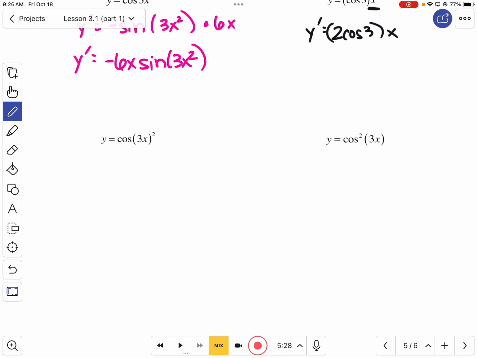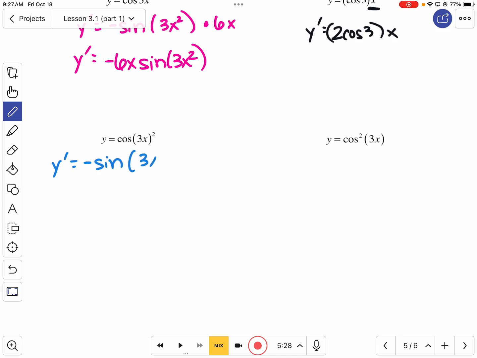That's what parentheses do, they get you. So y equals cosine of 3x, just the 3x is squared. Composition or no? Yes, it is a composition. So y prime, derivative of the outside function, so negative sine.